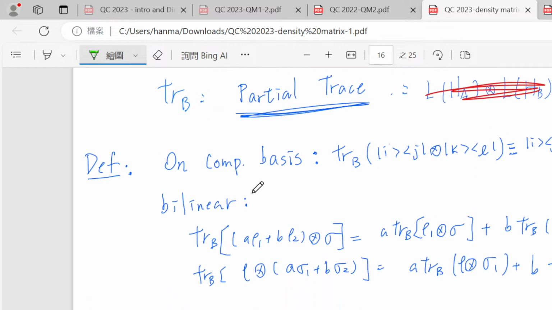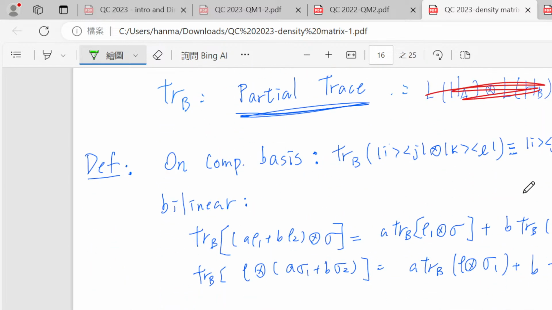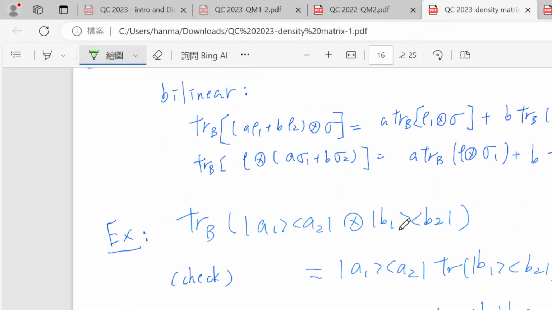The partial trace operation has multiple definitions. Basically, you want to trace over the B part. Say your density matrix looks like |A1><A2| tensor |B1><B2|. When you do partial trace, you trace over B1, B2, so you get the inner product <B2|B1>, which is a number, times the A part.